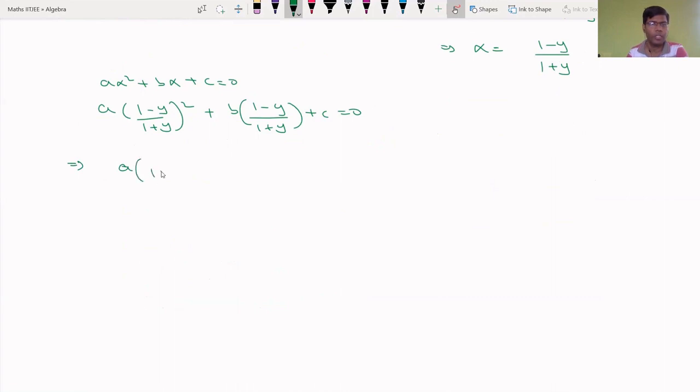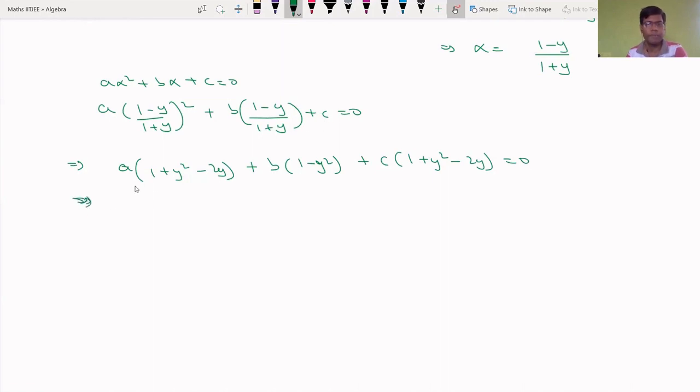So I will get a times 1 plus y square minus 2y plus b times 1 minus y square plus c times 1 plus y square minus 2y is equal to 0. Okay, so I had taken LCM and then done the simplification.